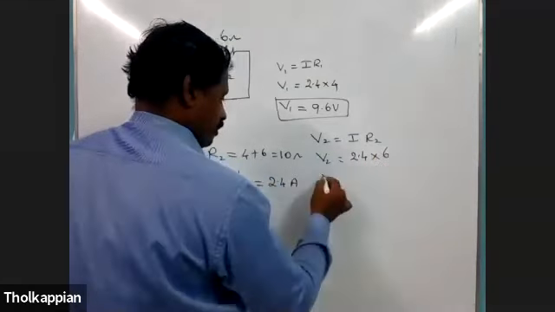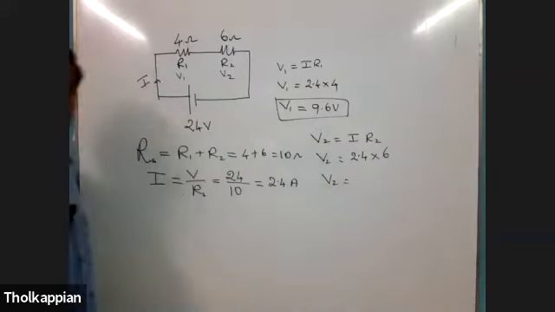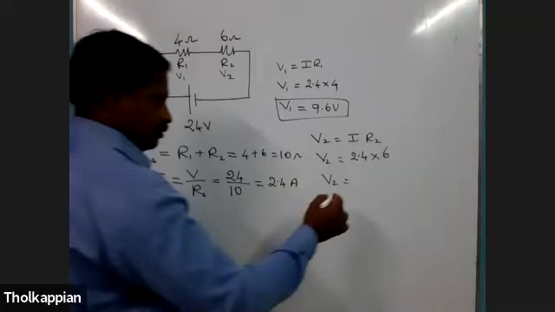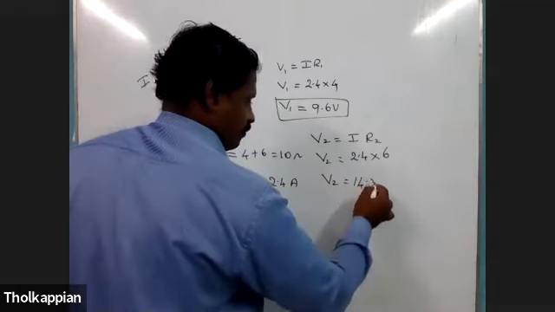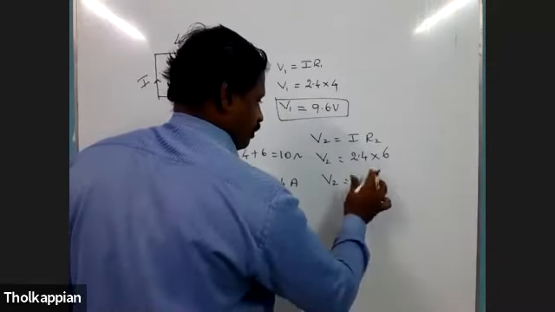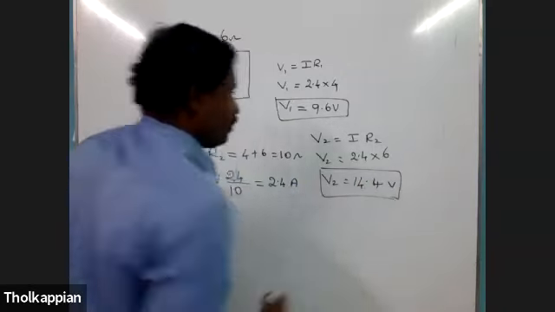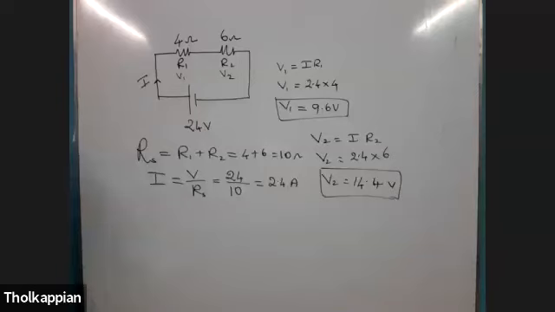So V2 is 2.4 into 6, that is 14.4 volts. So finally, in the result, you have to write the value of current, the value of V1, the value of V2. That's all.